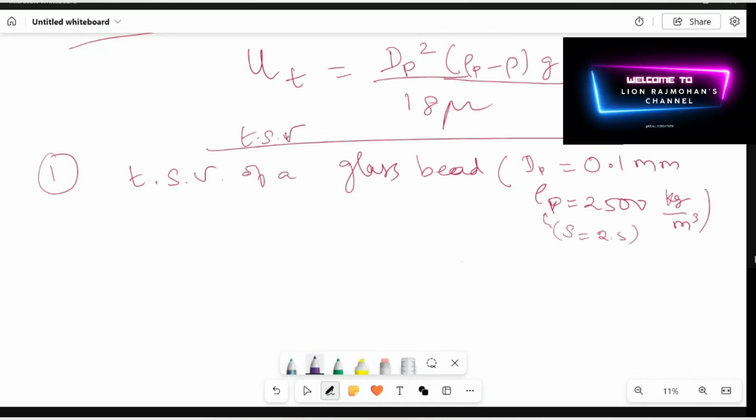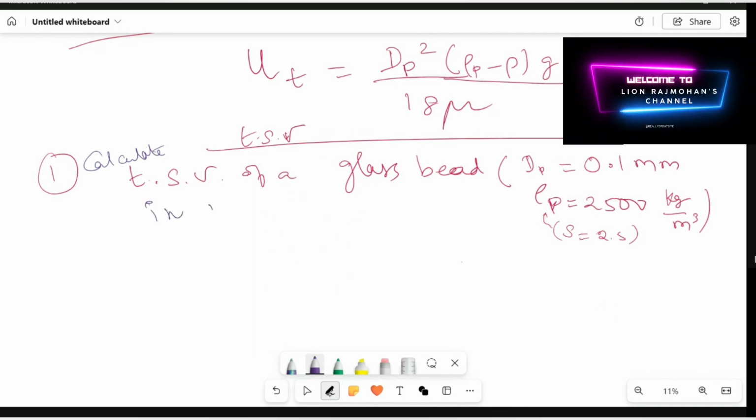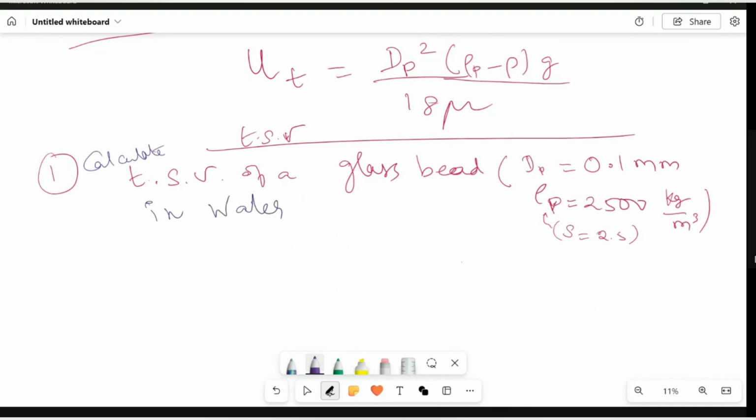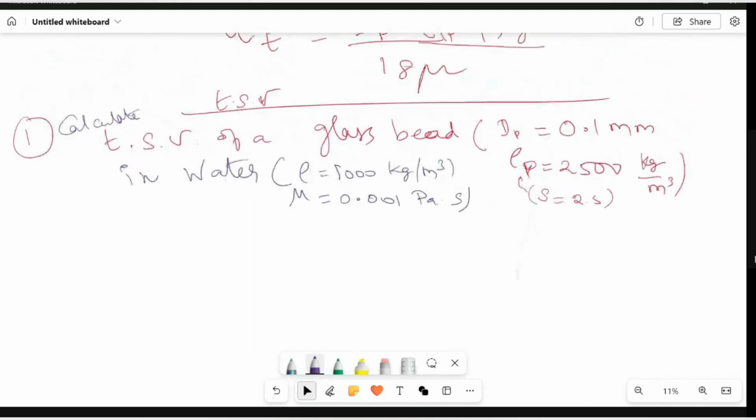The bead is in water, and we know the density of water is 1000 kg per meter cube. Viscosity is 0.001 Pascal second.